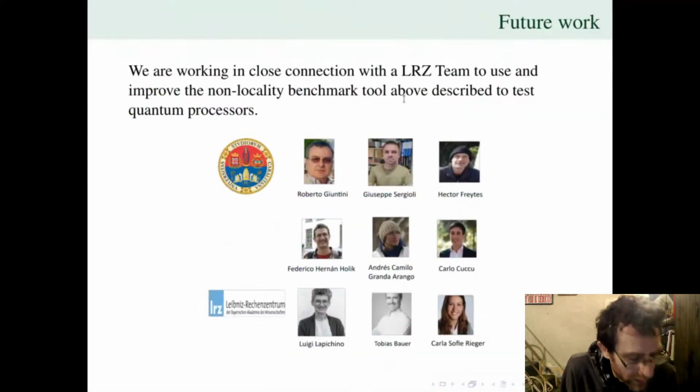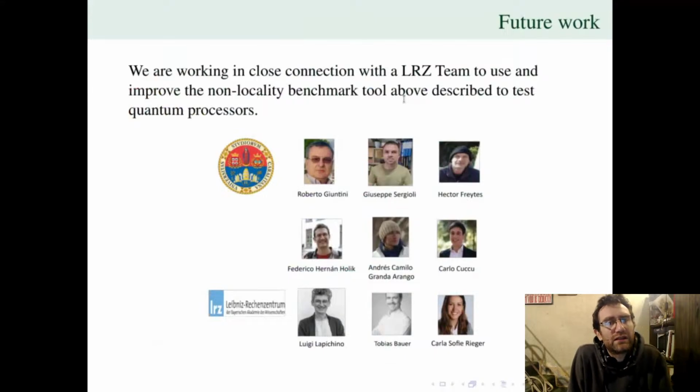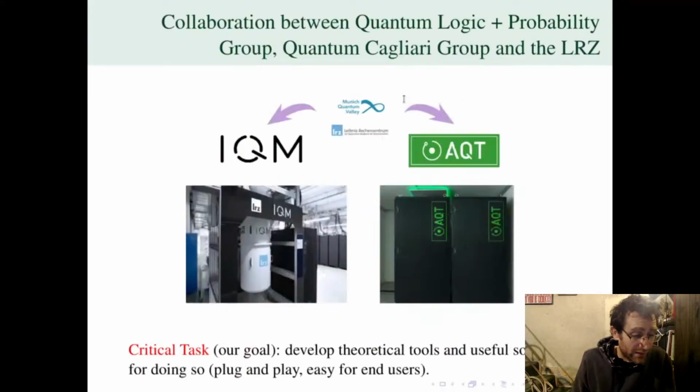And what we are working on now is a collaboration with the team of the Leibniz Rechenzentrum in Munich, Germany, to use and improve this non-locality benchmark tool. And we use it to test quantum processors that are installed in the Leibniz Rechenzentrum.